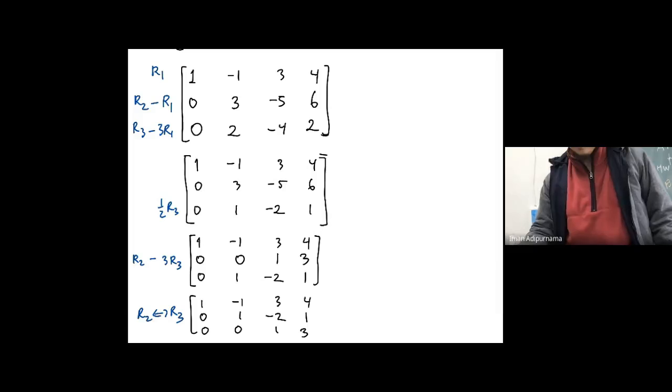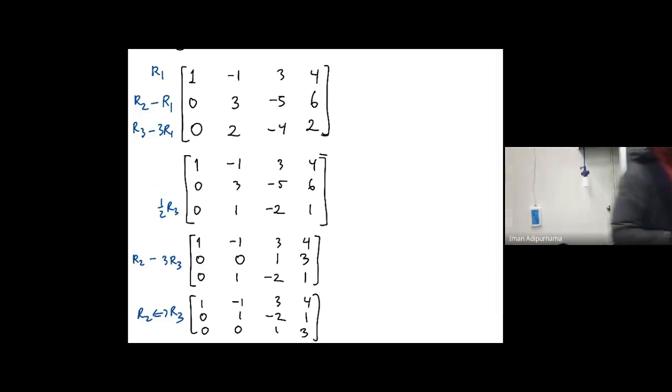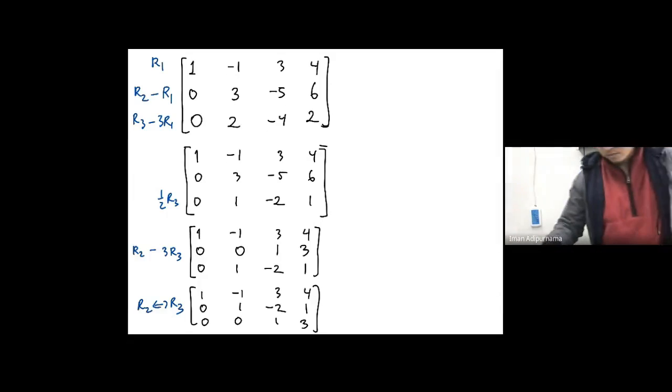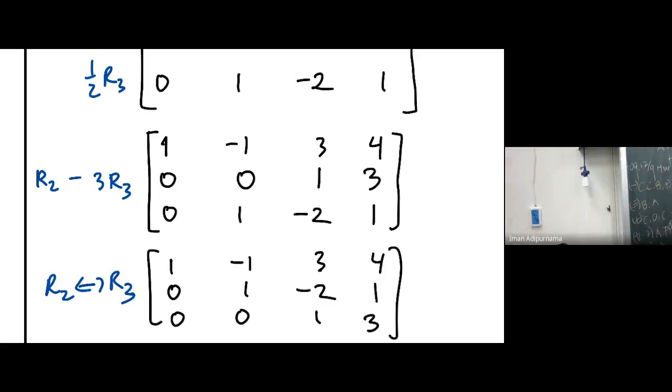And I can exchange the 0, 1, negative 2, 1, 0, 0, 1, 2. So I can exchange the R2 and R3. So when we have 0, 0, 0, this is actually what our goal is.